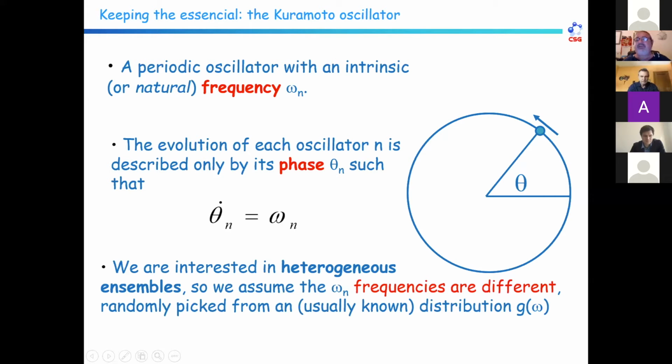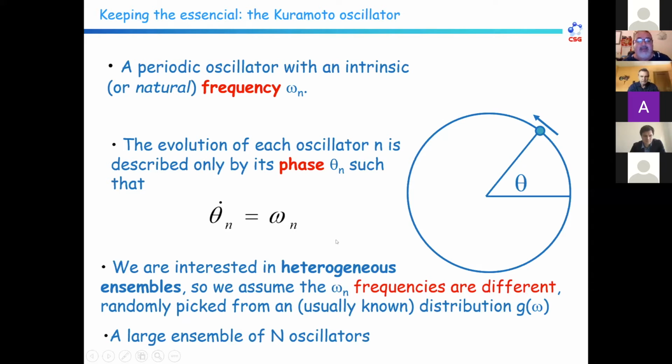It means that each of these elements can be represented as a point on the unit circle, which is rotating or counter-rotating depending on the sign of this natural frequency omega. So what you do, you take a big number of these elements. You imagine that the frequencies of these elements are different. That is, each oscillator has its own natural frequency, randomly taken from a usually known frequency distribution g(omega). So you have a distribution of frequencies, and all the frequencies of your oscillators are different.